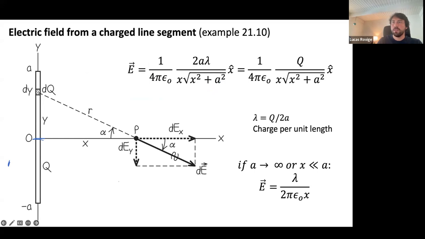Okay, and so this gives us our final answer. So we have the total electric field on axis that is equal to this expression: 2a lambda divided by x multiplied by the square root of x squared plus a squared.